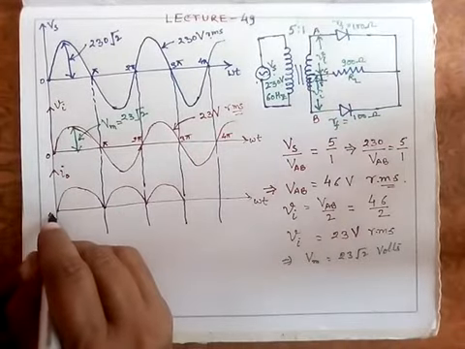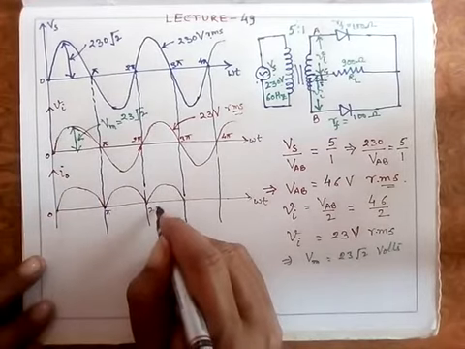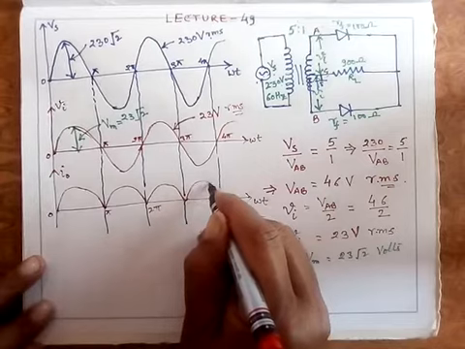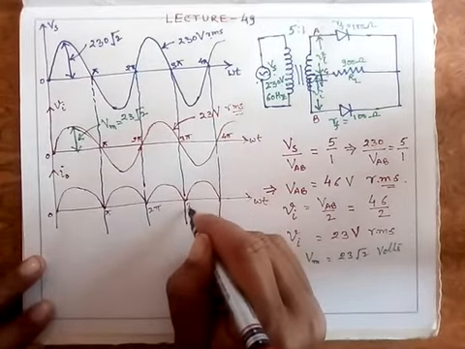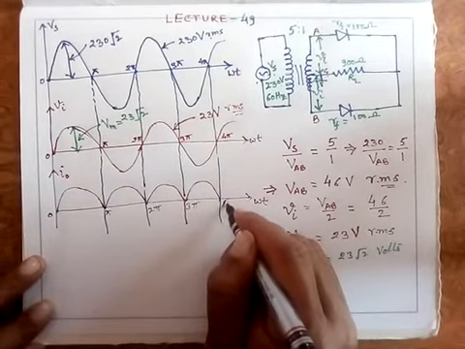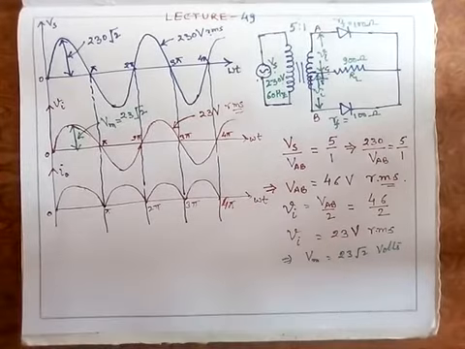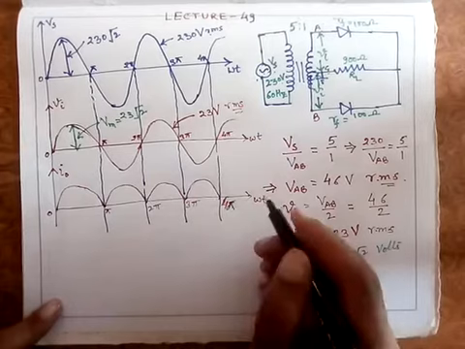Same points, this is 0, this is pi, it has been dropped down, this is 2 pi, three pi, 4 pi, let me use another color, it is 4 pi, and so on.